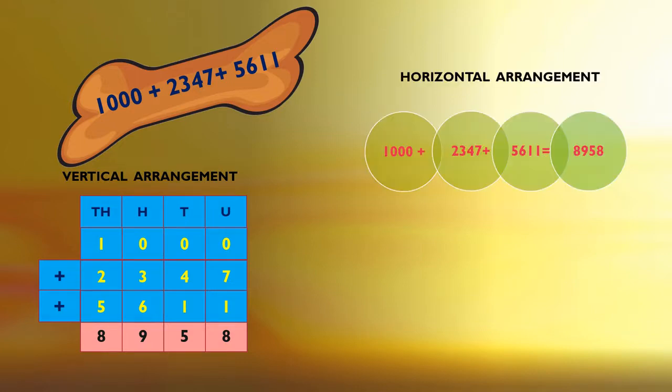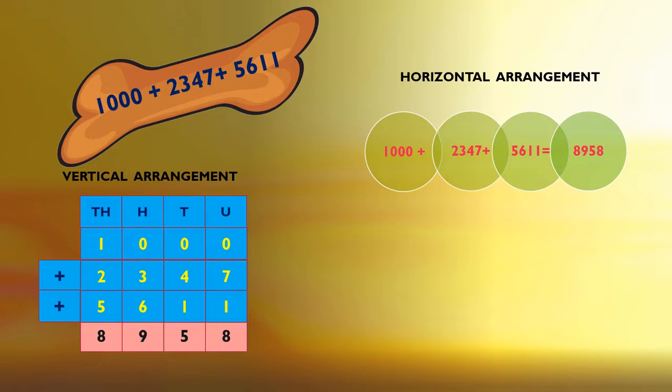Yes, the answer is 8. So when we add 1000 plus 2347 plus 5611, the answer that we get is 8958.